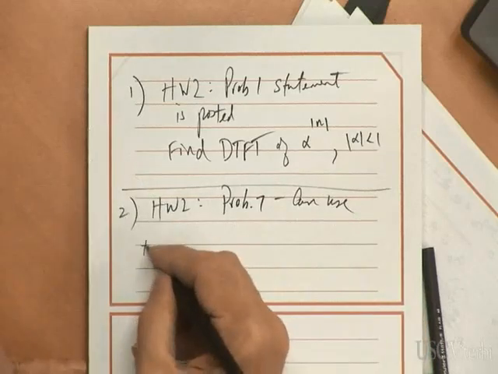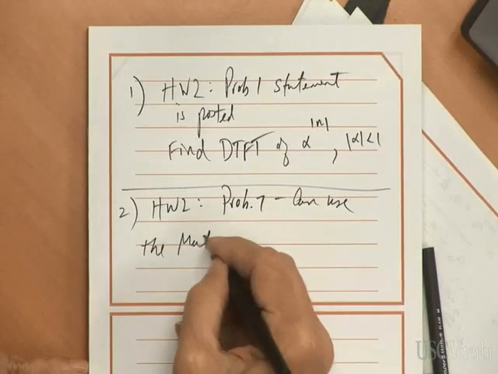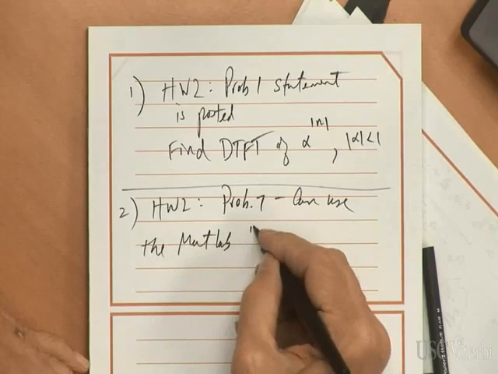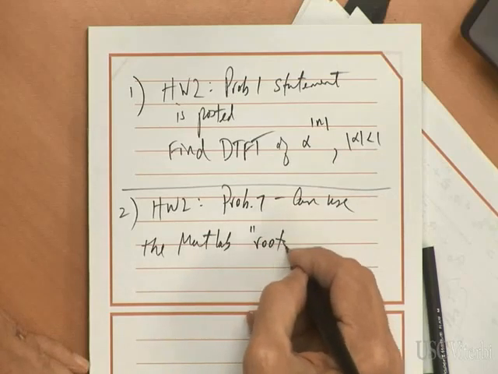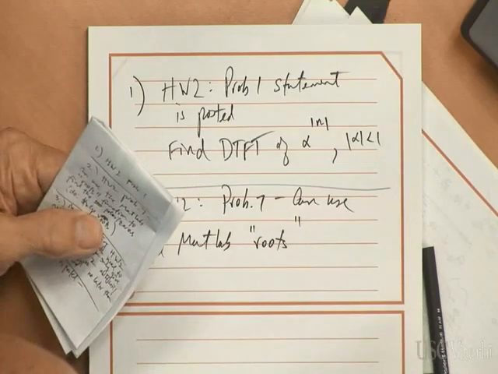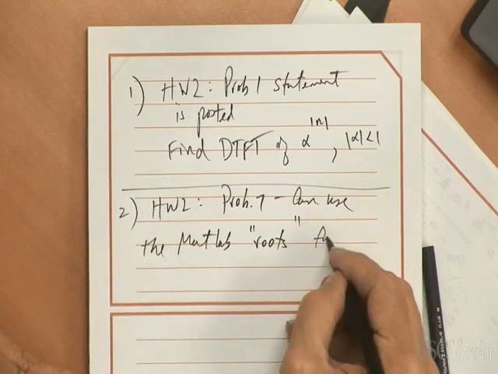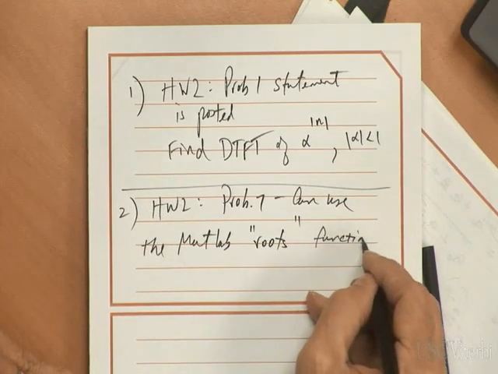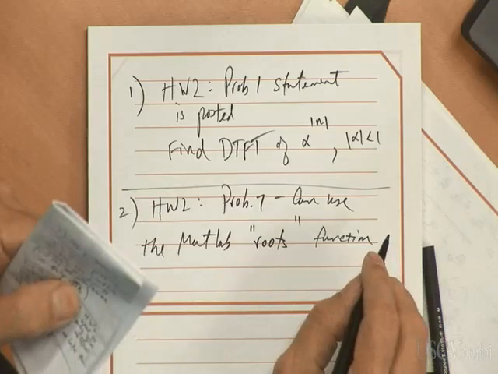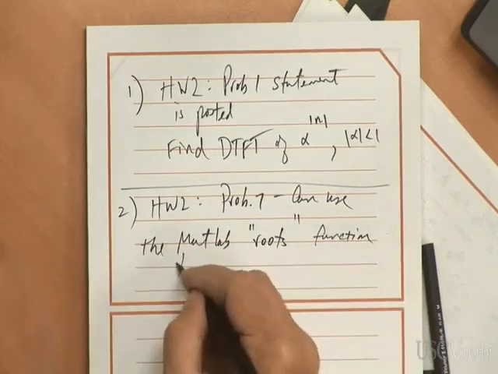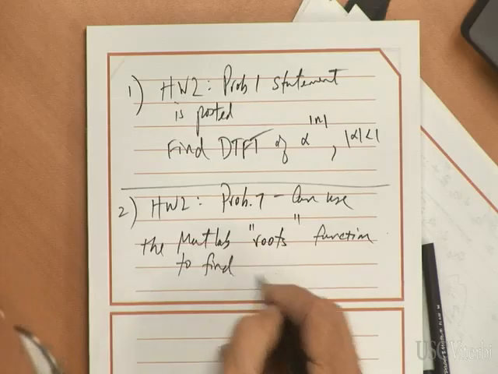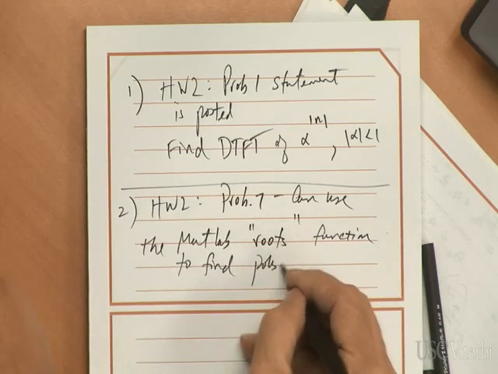MATLAB has a built-in function called roots, R-O-O-T-S, and you can use that to find poles and zeros.